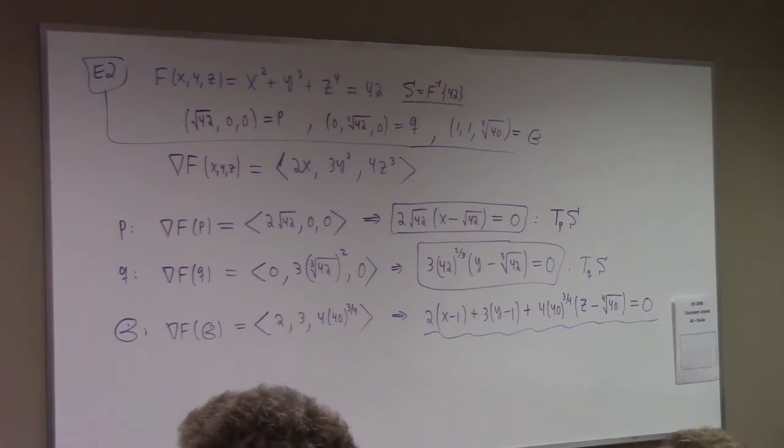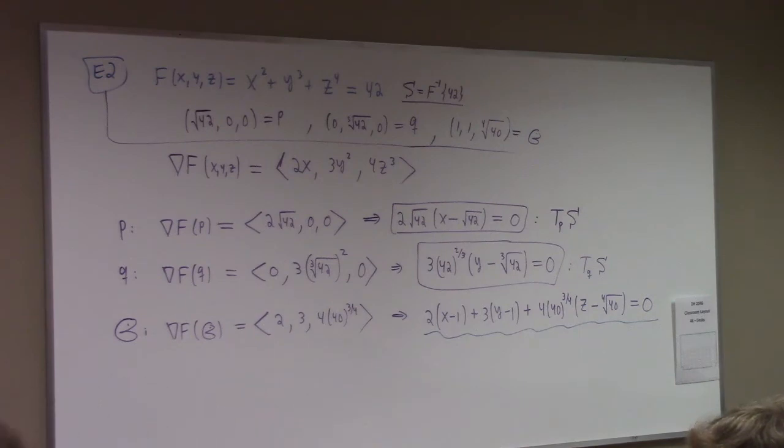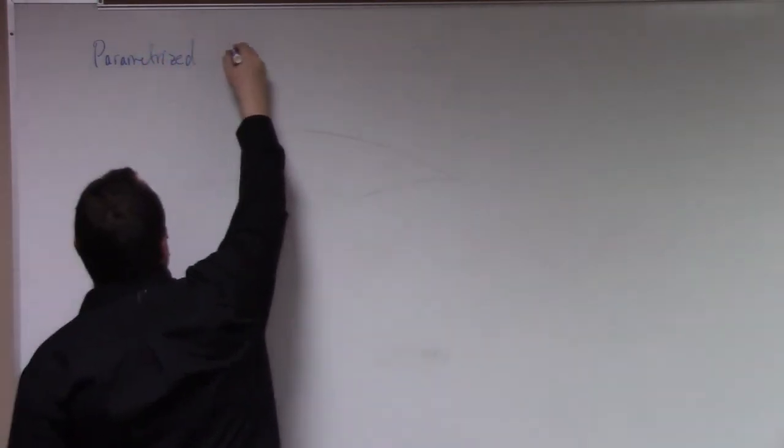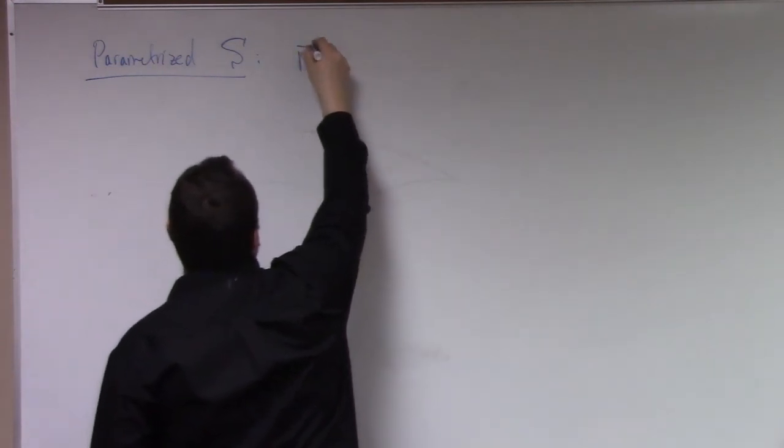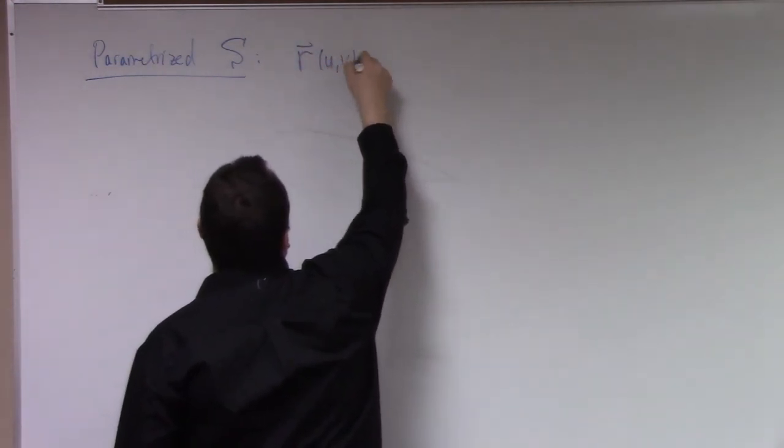Oftentimes people use UV for the other viewpoint. So parametrized, S is typically given by something like R of, say, u and v.